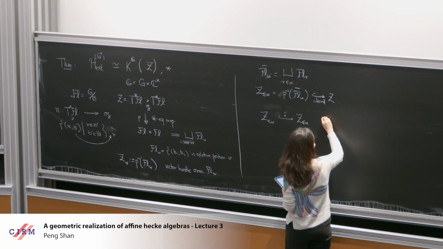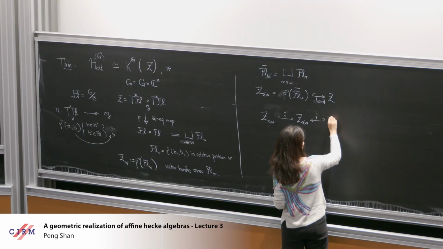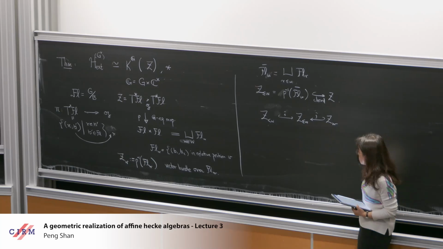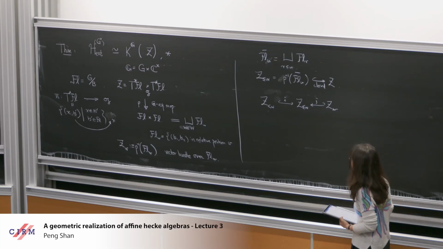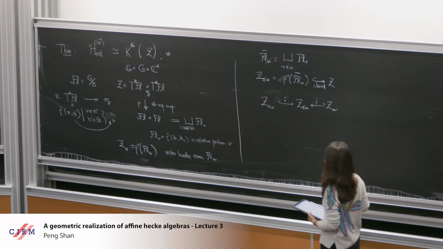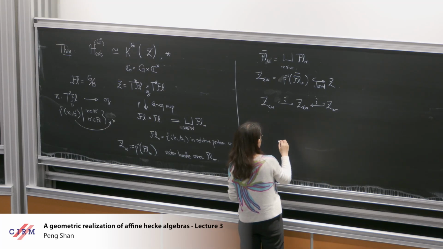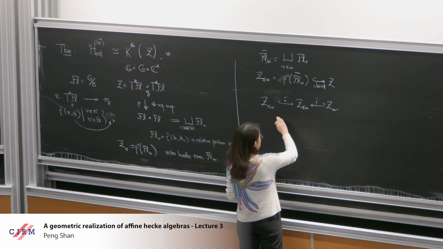And then here you have an open part, which is our Z_w. Okay, and everything is G equivariant. And so by dévissage, which I mentioned last time, this yields a long exact sequence in K-theory.